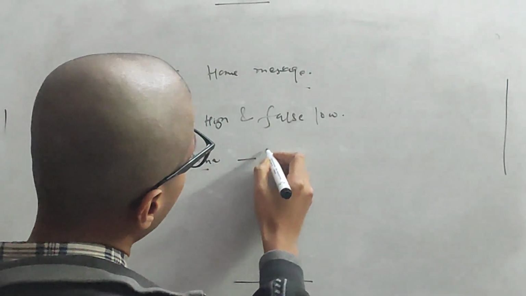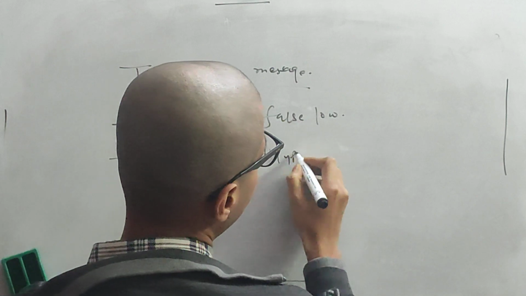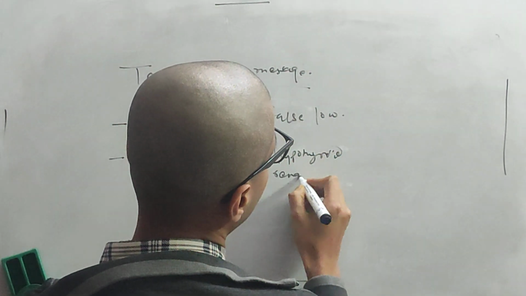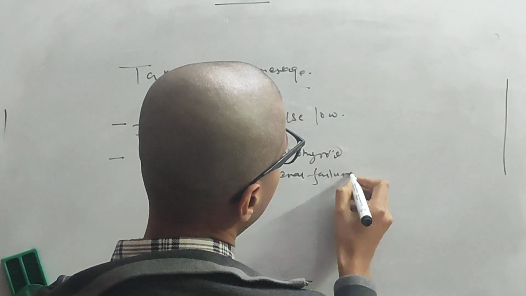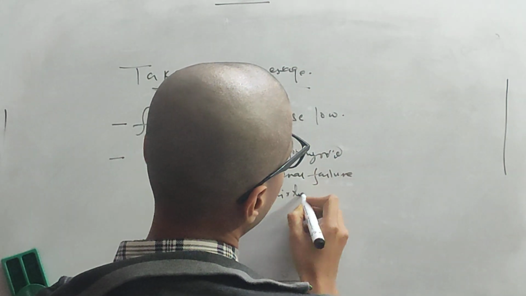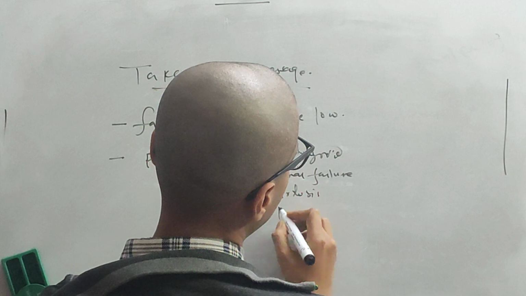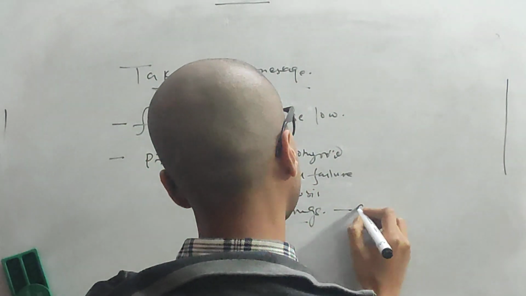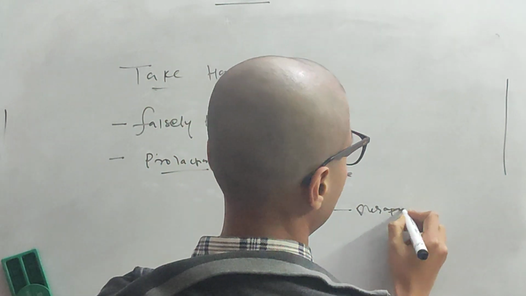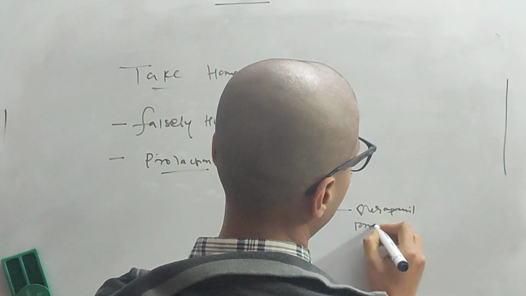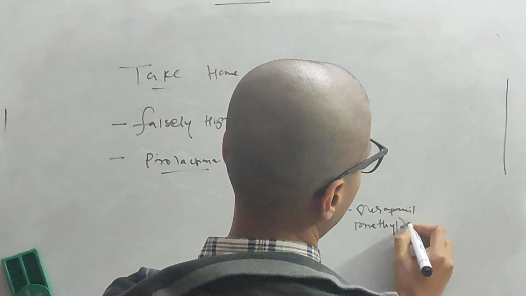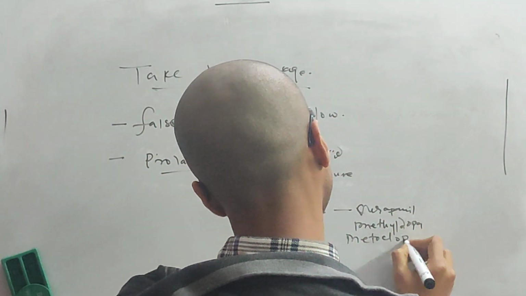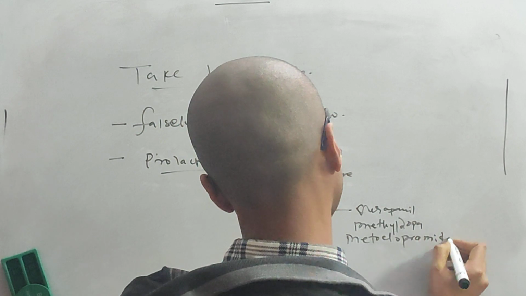You have to also look for other pathology like hypothyroidism, renal failure, cirrhosis. Also check if the patient is taking any drugs that cause elevated prolactin, like verapamil, methyldopa, metoclopramide, antipsychotics, okay.